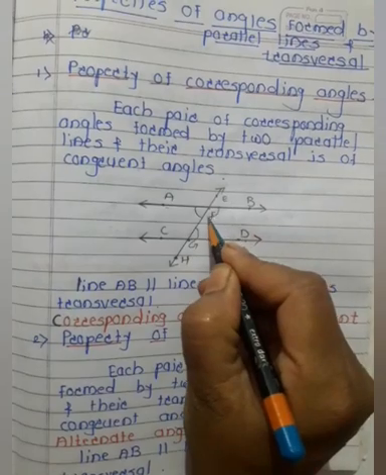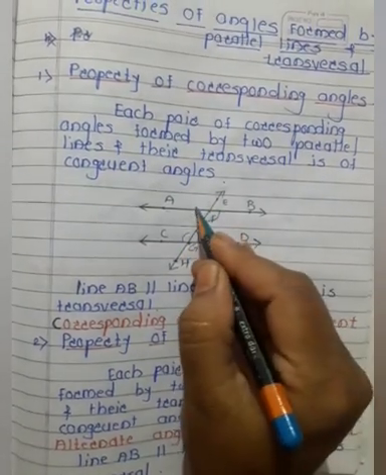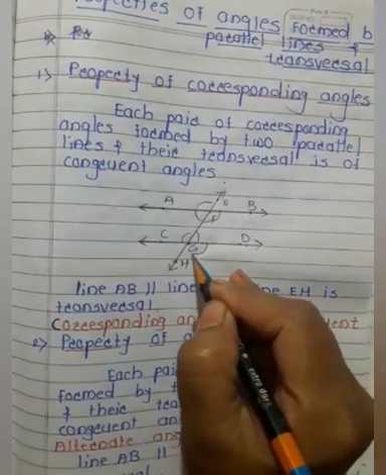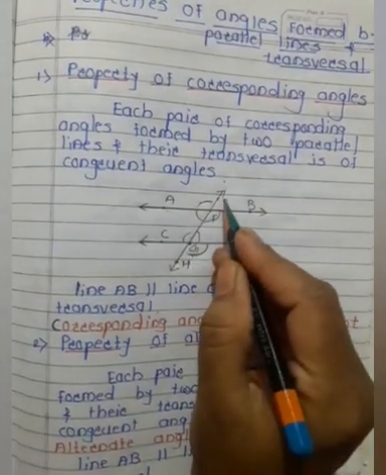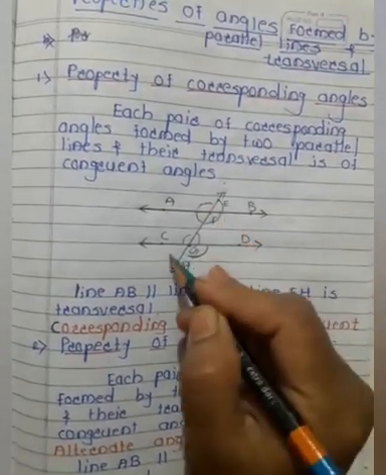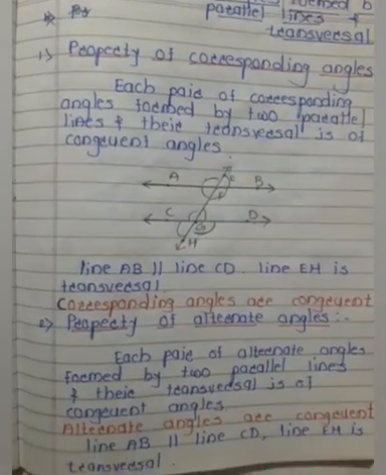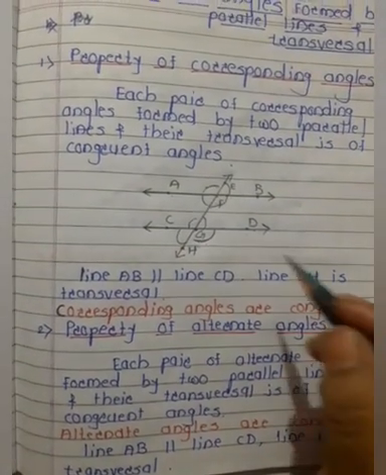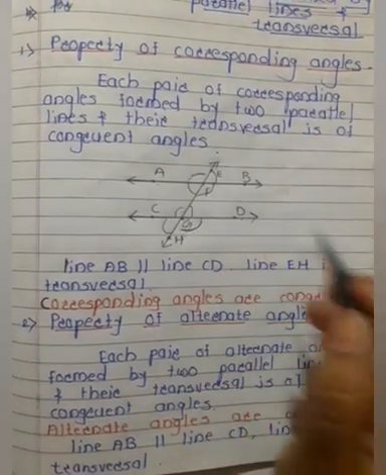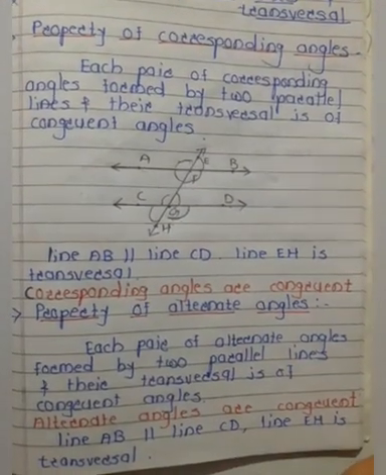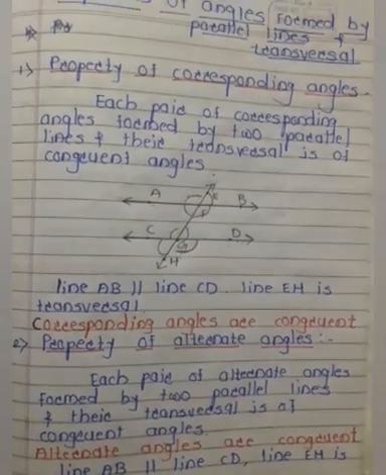These are the interior alternate angles and these are the pair of exterior alternate angles. This one and this pair are exterior alternate angles. These are congruent with each other, meaning the measures of these angles are congruent, equal, the same.